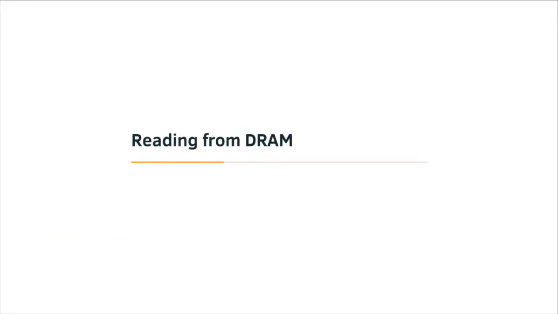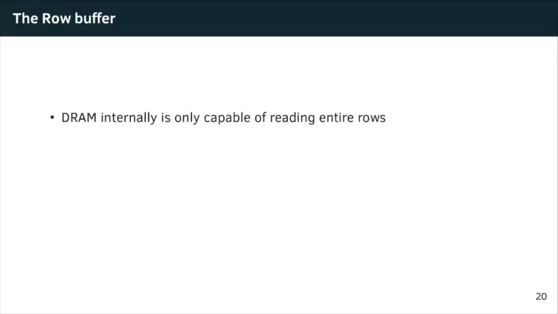So we're going to talk about how DRAM actually works, how you read from DRAM. Internally, DRAM is only capable of reading entire rows. This is a design decision so that you can maintain only 2 components for storing a bit, meaning that the overhead is spread over a very large number of bits.